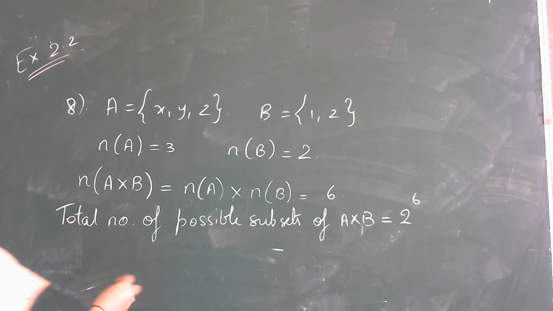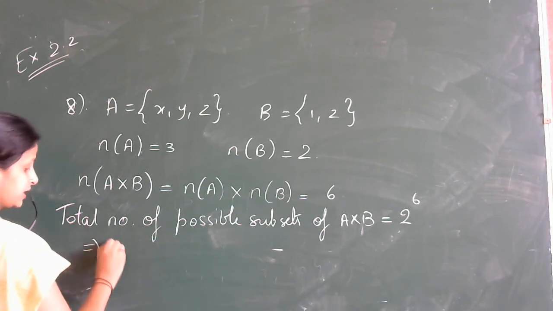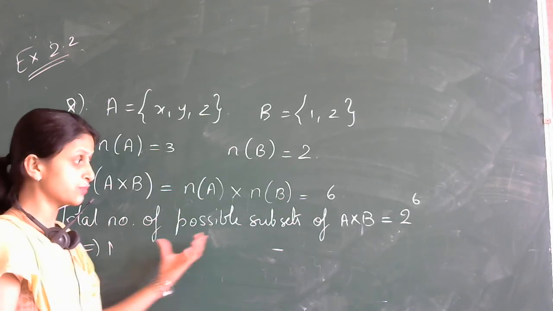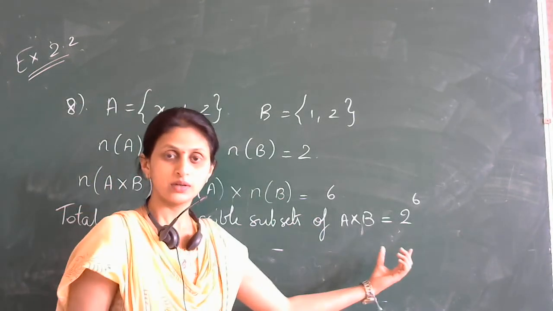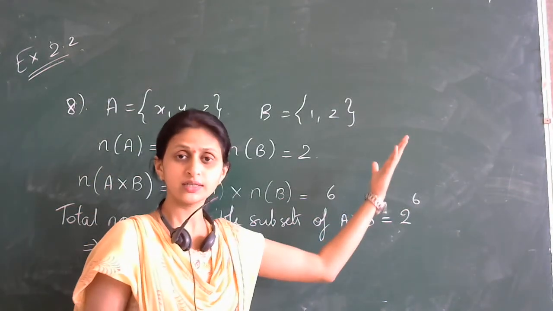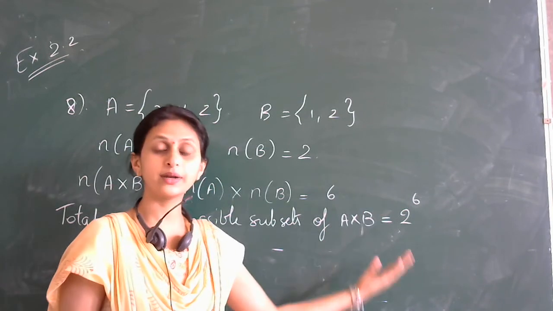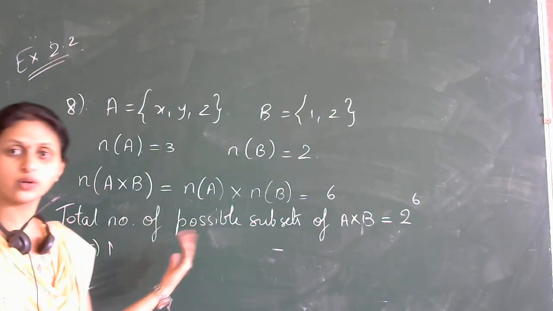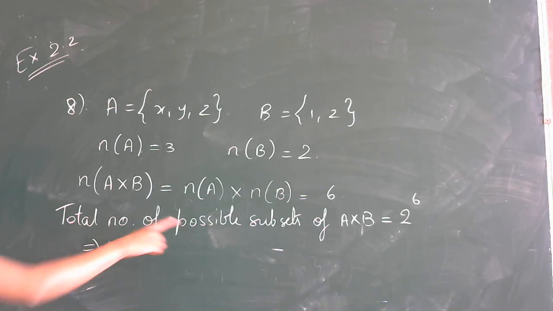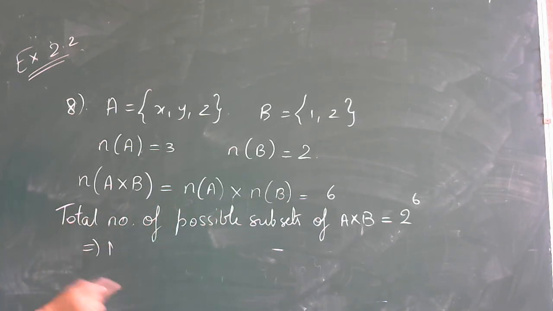So how many relations are possible? These are nothing but relations only, right? These are subsets of the Cartesian product. That whole number, 2 to the power 6, will be nothing but the number of relations from A to B, since each is a subset of the Cartesian product.